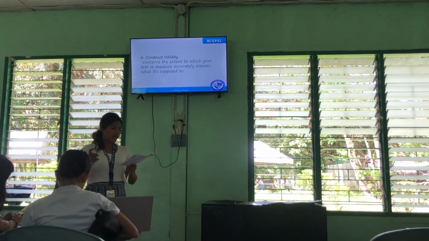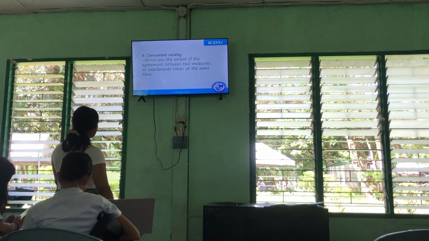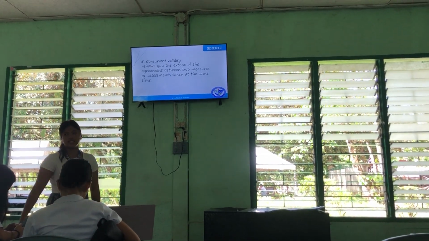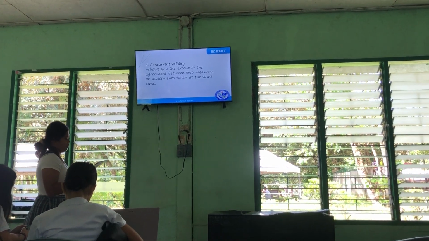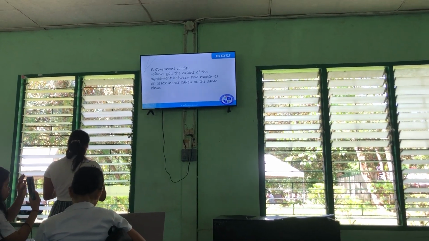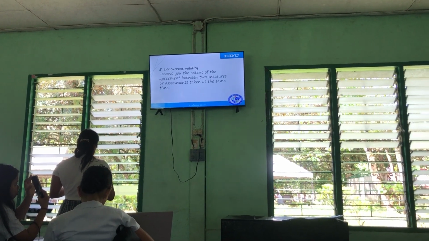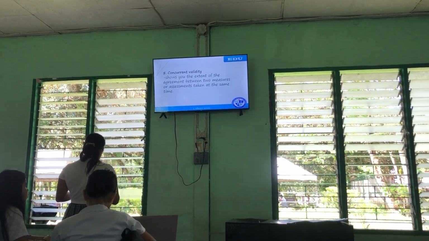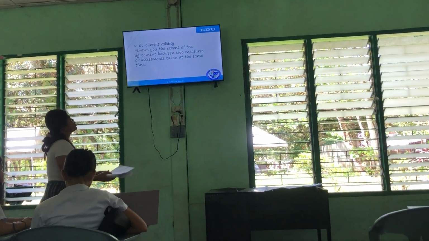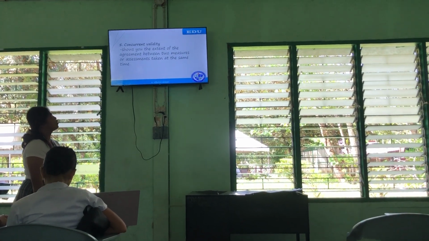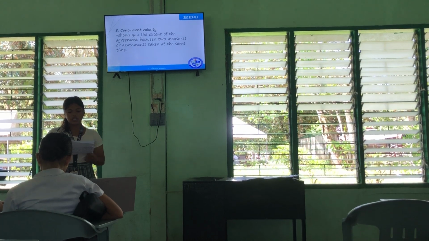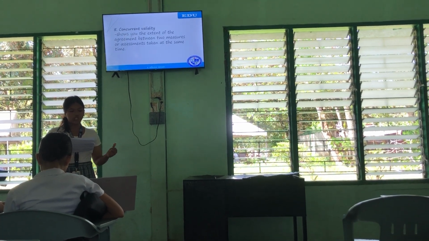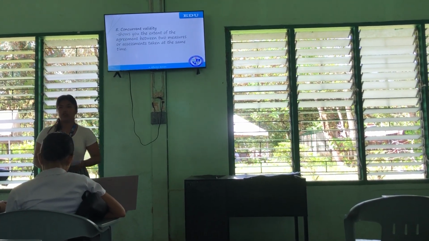students' reading comprehension. Next, we have concurrent validity. Ms. Bautista. Concurrent validity shows you the extent of the agreement between two measures or assessments taken at the same time. In educational assessment, concurrent validity is when the scores from the new test match up with the scores from a well-known test.